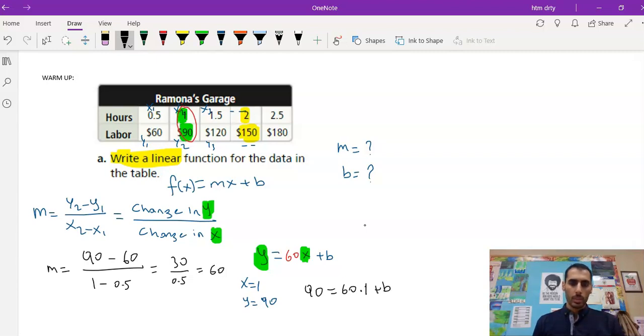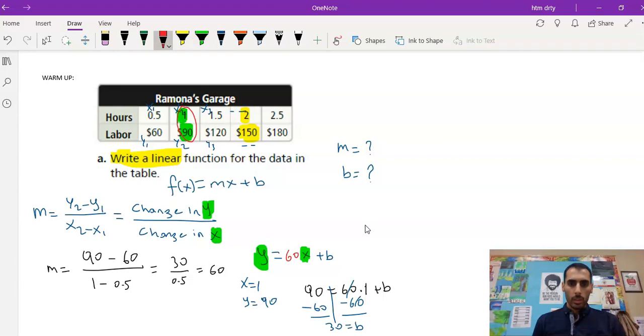We all know 60 times 1 is 60, that is why we don't need to put the 1. So we subtract 60 on both sides, they cancel each other, and what we get is 30 equals b.